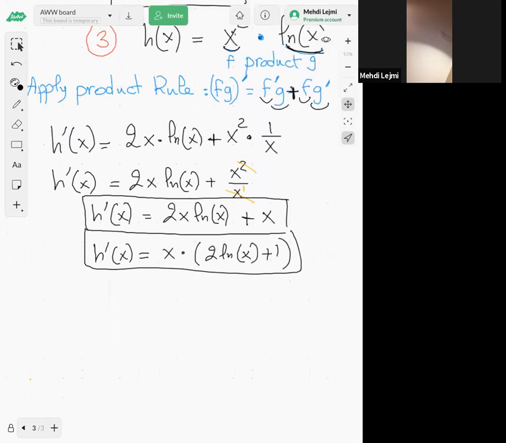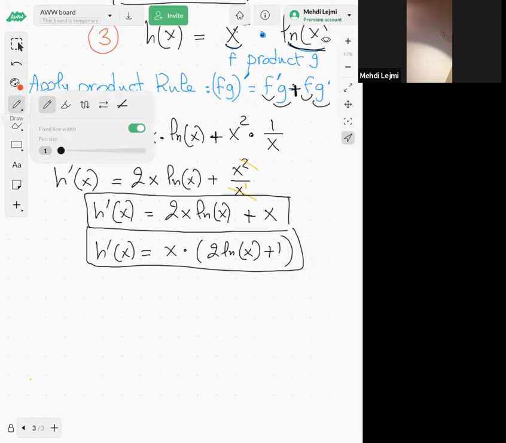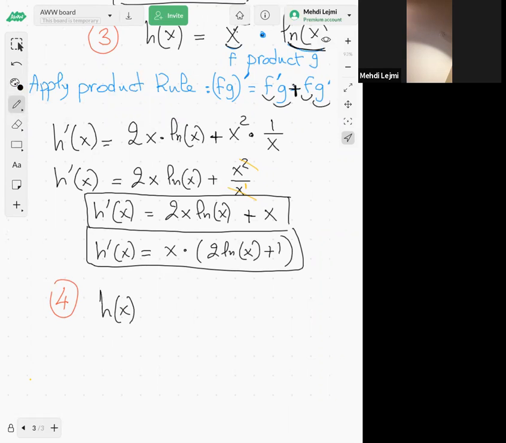So this is the product rule. The next example is going to be about the quotient rule. Let's say h of x is equal to 1 plus natural log of x over x plus 2.